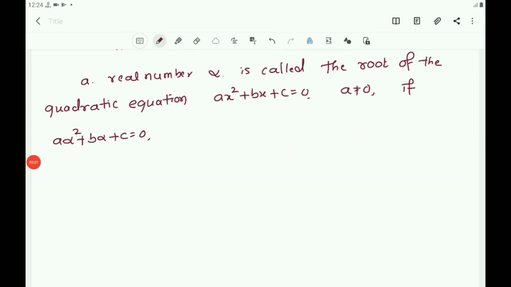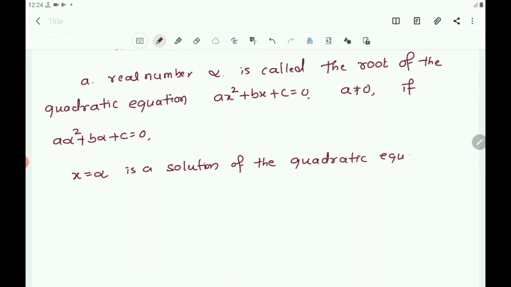We can also say that x equals alpha is a solution of the quadratic equation ax square plus bx plus c equals 0 if a alpha square plus b alpha plus c equals 0.